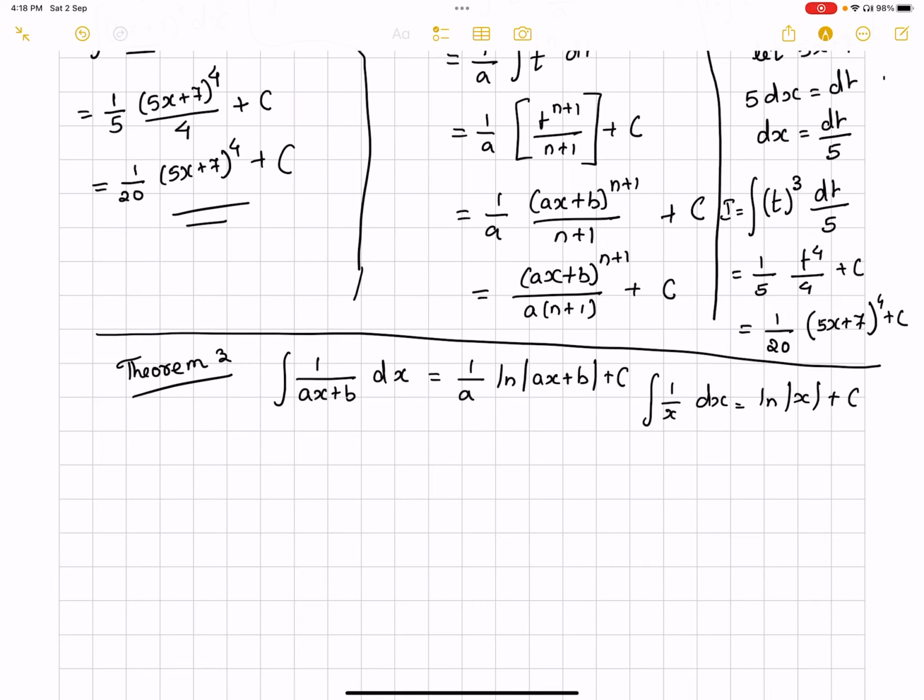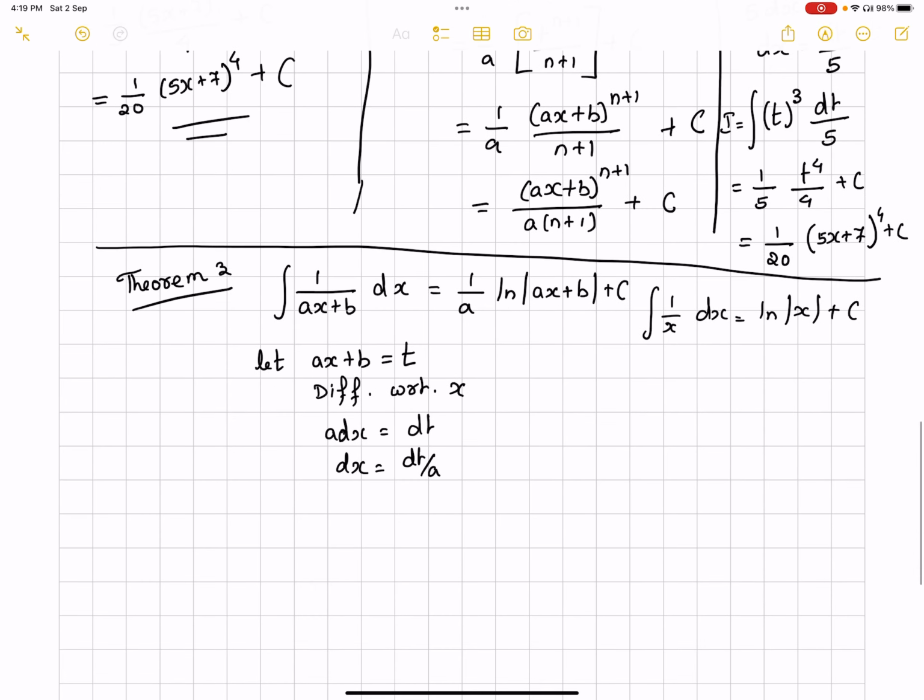So now what we are doing here, as usual, I would consider let ax plus b is equal to t in my substitution. And after that, I would differentiate both sides with respect to x. When I do so, I get a dx is equal to dt, and dx is getting replaced by dt by a. Now let me go ahead with my problem.